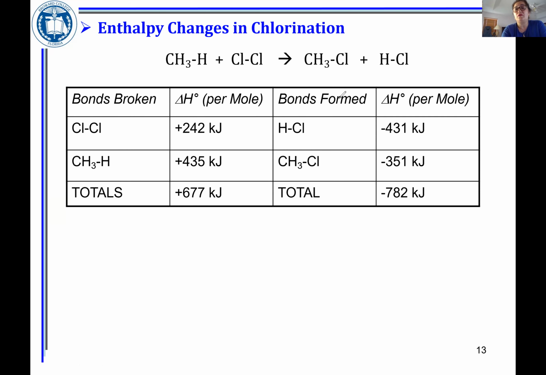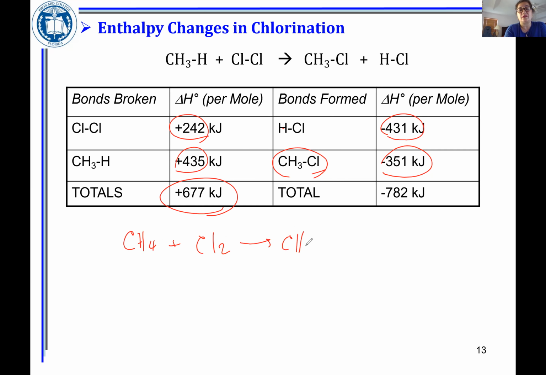So when a bond forms, energy is released, and when bonds are broken, energy is consumed. If you look at the total amount of energy, this is referring to the same reaction that you had, CH4 plus Cl2 that yields CH3Cl plus HCl.